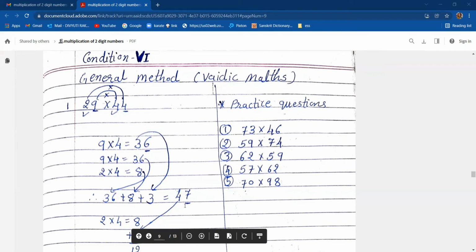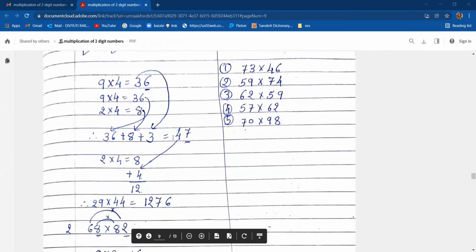Again, from 47 we will consider only the unit digit. This 4 will again be in carry. Now for the next digit, we will multiply this tens digits together. 4 twos are 8, and in that we will add this carry, that is 4 will be added into 8, and we will get 12.